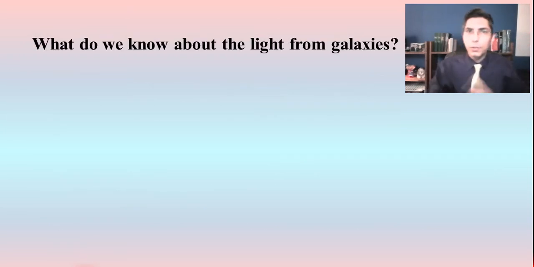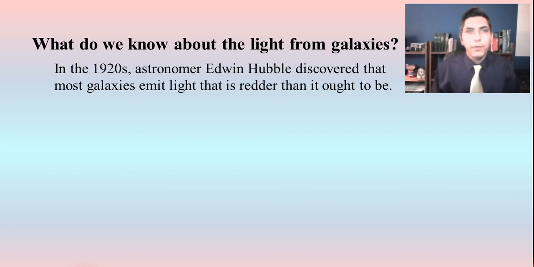Now, what do we know about the light from galaxies? Let's try to put some of our information together. Well, we know that about 100 years ago, in the 1920s, the American astronomer Edwin Hubble was the first person to discover that most galaxies emit light that is redder than what it seems it ought to be.